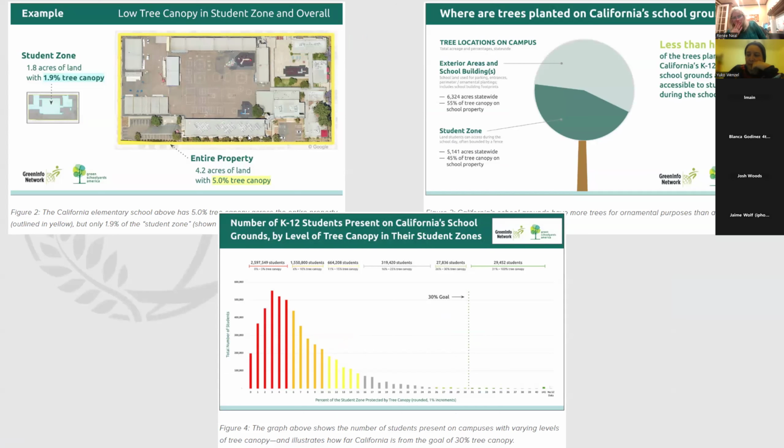So the schoolyard tree canopy equity study, which is still linked from this slide, took every school ground in California and assessed the amount of tree canopy there was, basically documenting the fact that California schools are heat islands unto themselves, designed to essentially absorb heat and have no shade. And where they do have shade is usually on the street perimeter and on the parking lot and not in student areas.